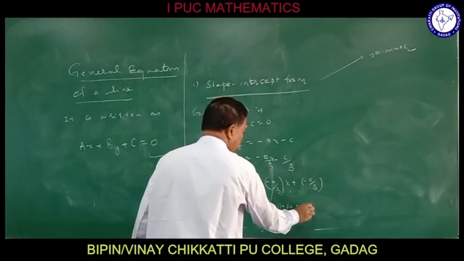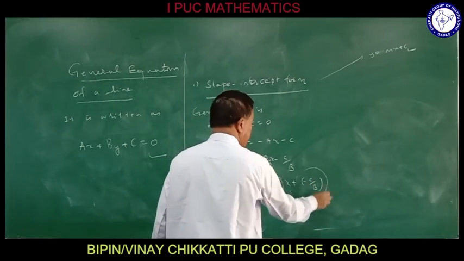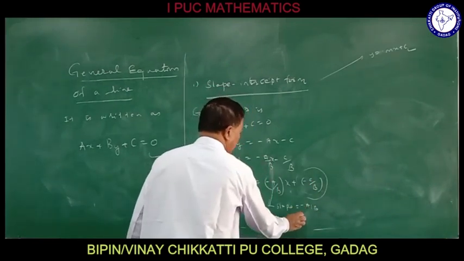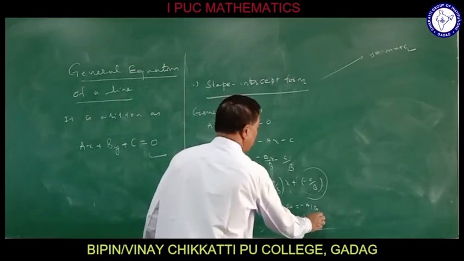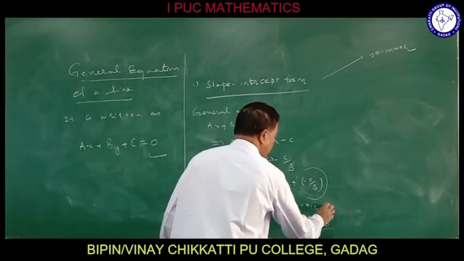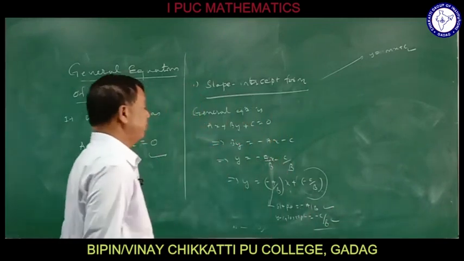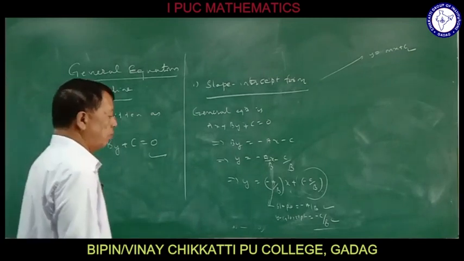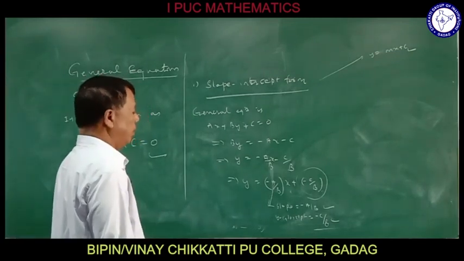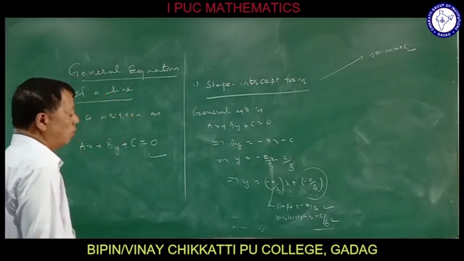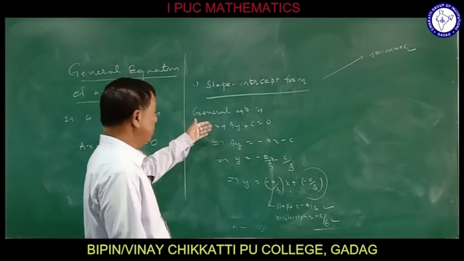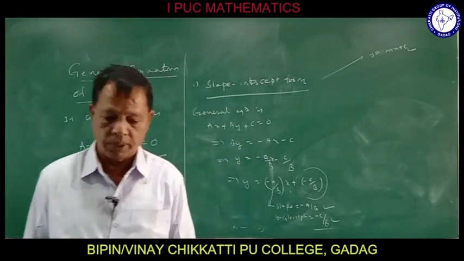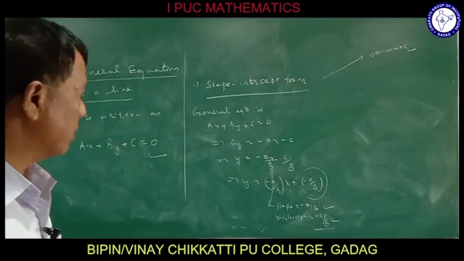Slope is equal to minus a by b. And this is c, the y-intercept, equal to minus c by b. So when you write in slope intercept form, you must write the slope and the intercept. I hope you understood how to write the slope and how to reduce the general form to slope intercept form, and what the y-intercept is.